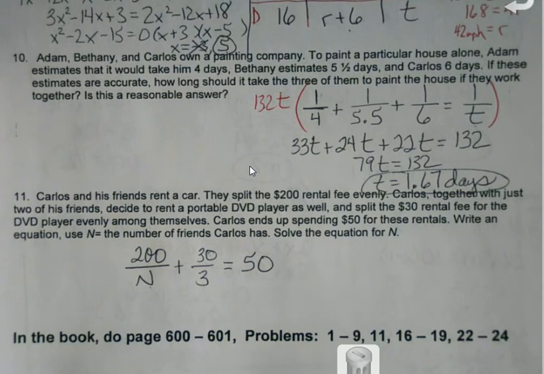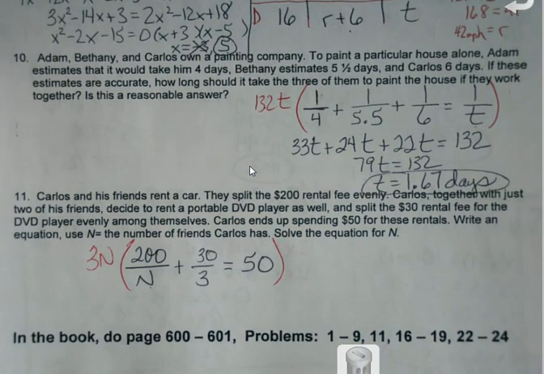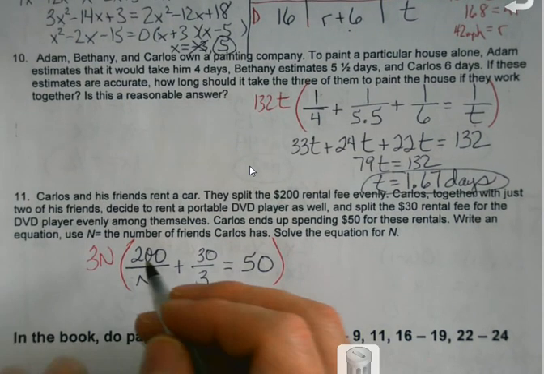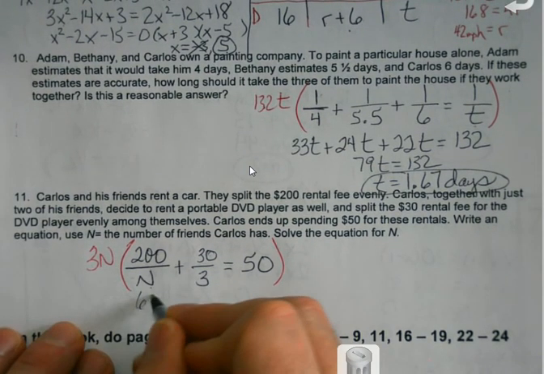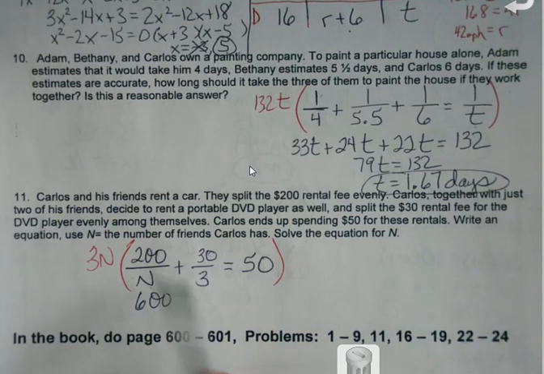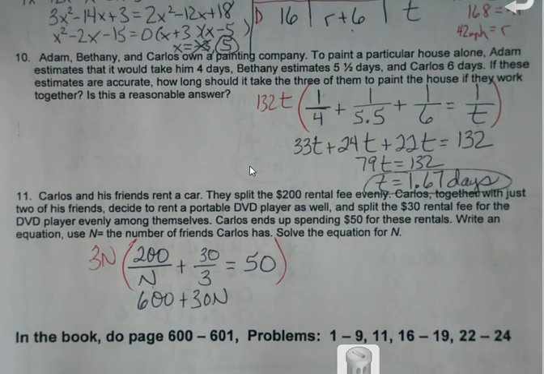Okay. So we're going to multiply through by, well, at least kind of multiple, my 3n. And we're just going to go from fraction to fraction, knocking this out. So here the n's cancel. So 3 times 200 is 600. Here the 3's cancel. So I'm left with the n, so 30n.